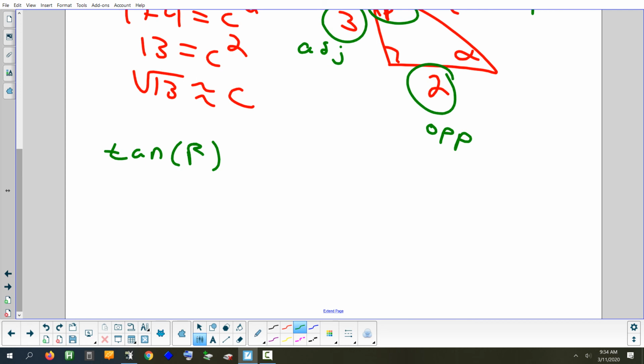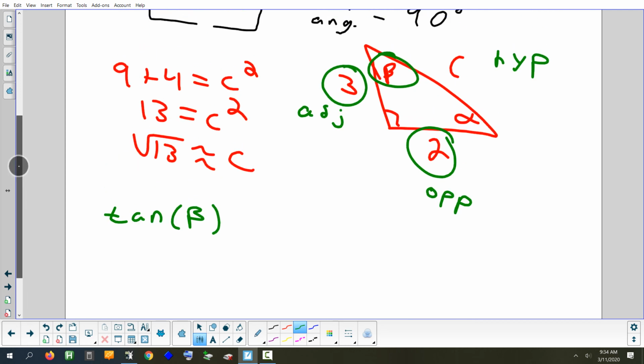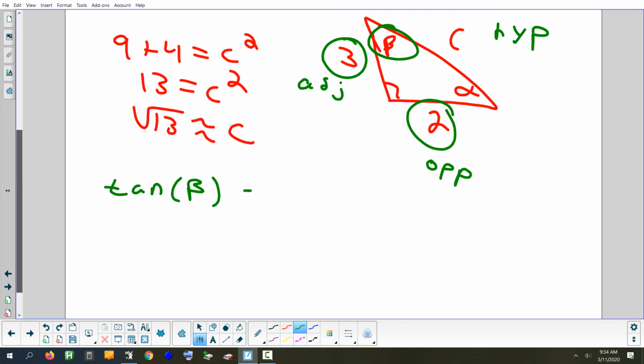Tangent of, always put in your angle, which this time we don't know. Tangent of beta equals 2/3, opposite over adjacent. Now, the goal is to get beta by itself. Tangent is a function. It's like if I gave you this, and I said get x by itself.